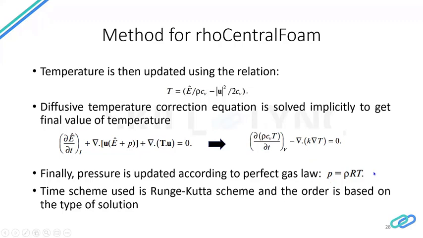In the rhoCentralFoam solver, the time discretization is done, and the time scheme chosen is a Runge-Kutta scheme. Runge-Kutta scheme has several orders. You can choose the order of the RK scheme based on the requirement of your study, requirement of your solution, the amount of accuracy that you require for time discretization, namely for slower than real time, faster than real time analysis.